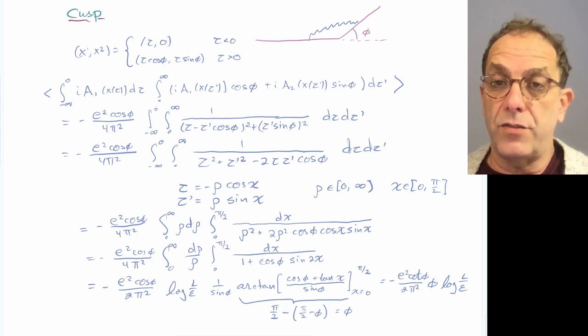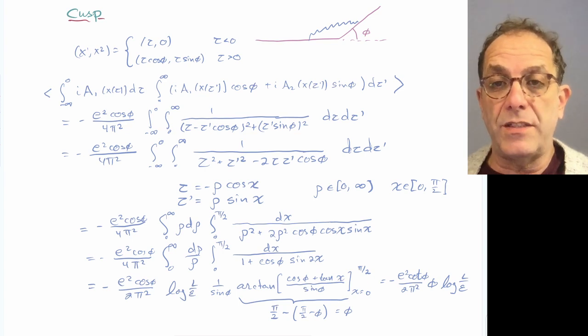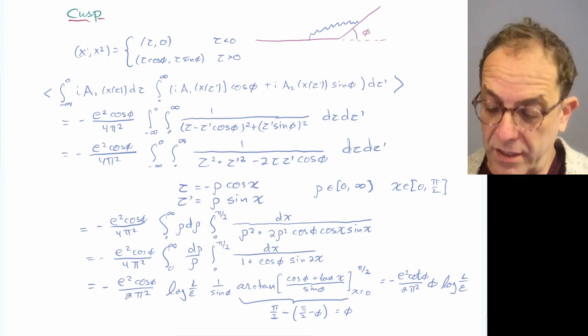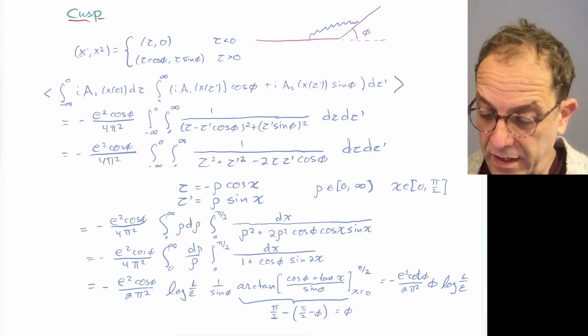So we can attribute a dimension to this cusp operator. The dimension is this prefactor, e squared cotangent phi times phi over 2 pi squared.